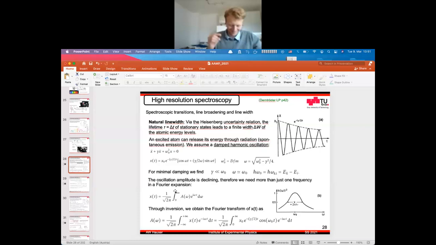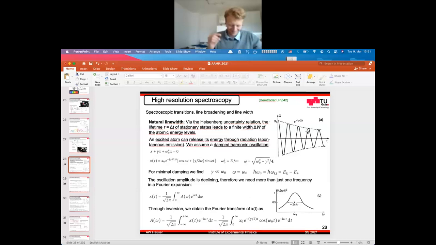So what does it mean to do a Fourier expansion? We are expressing our solution x as a function of t in a basis of trigonometric functions, here written as e to the i omega t, with some unknown prefactors a as a function of omega, right? So omega here is the angular velocity, 2 pi times nu.